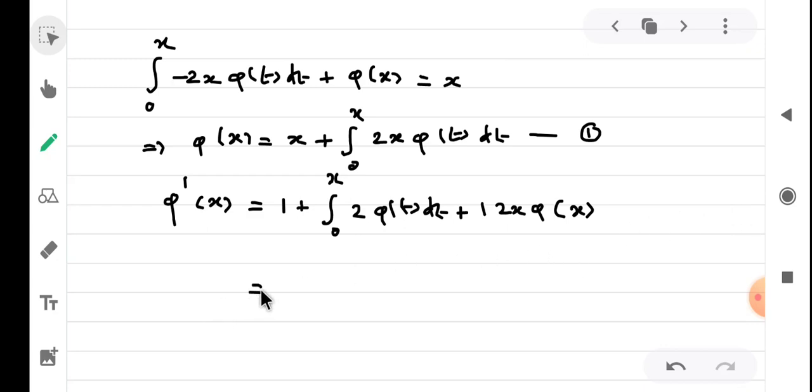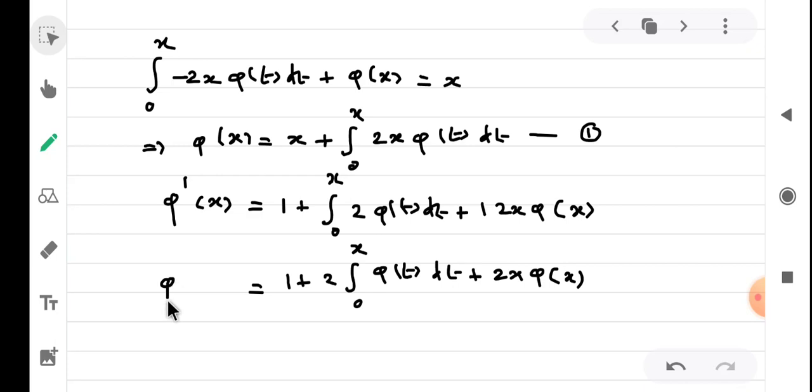So from this I'll get 1 plus, I can take this 2 outside, 2 into integral 0 to x phi of t into dt, plus 2x into phi of x. So this is my phi dash of x.